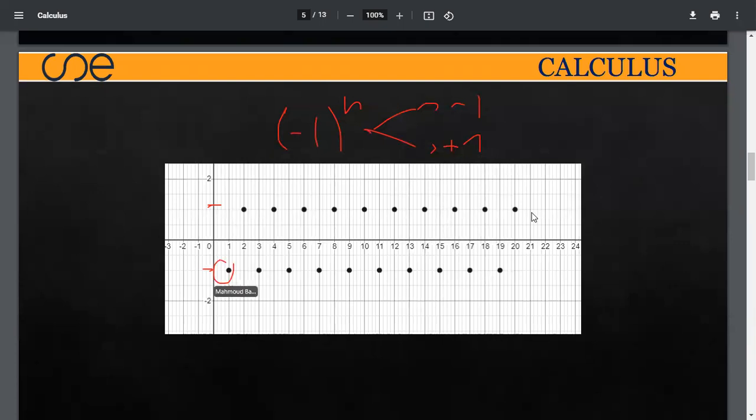And as you can see here, then here, then here, it keeps alternating. And infinity is not even and not odd. So we can't know whether the limit for this sequence is equal to -1 or +1, and hence the limit does not exist. Also in this case, we say that the sequence is a divergent sequence.